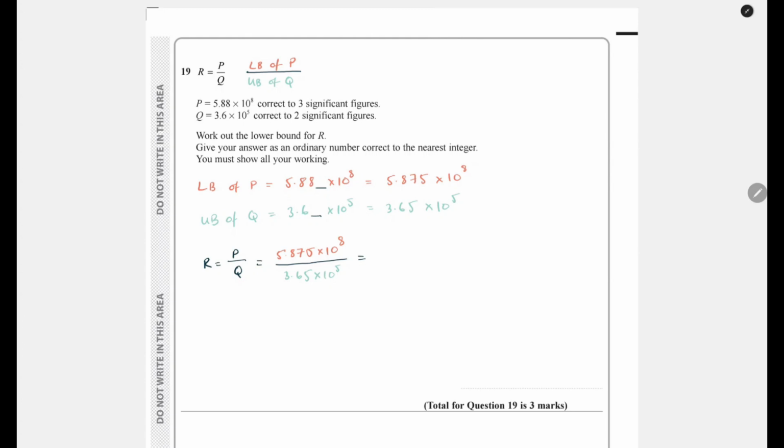And if we plug that into our calculator, we get 1609.589. Now the question has asked us to write our number to the nearest integer, that means the nearest whole number, and so that is equal to 1610.